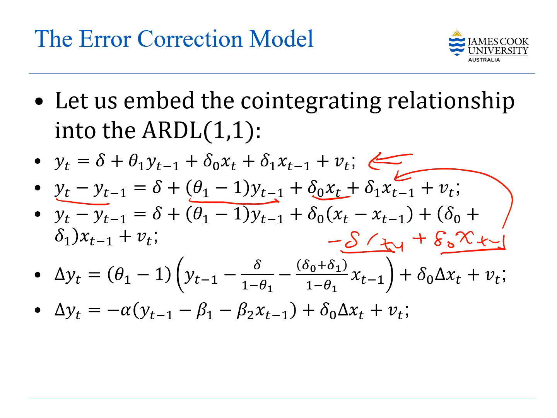Okay, and let's denote yt minus yt minus 1 as delta yt, and similarly delta xt. So on the left-hand side we get delta yt.